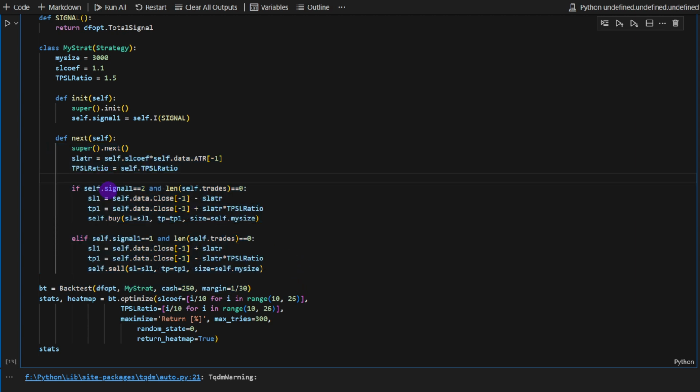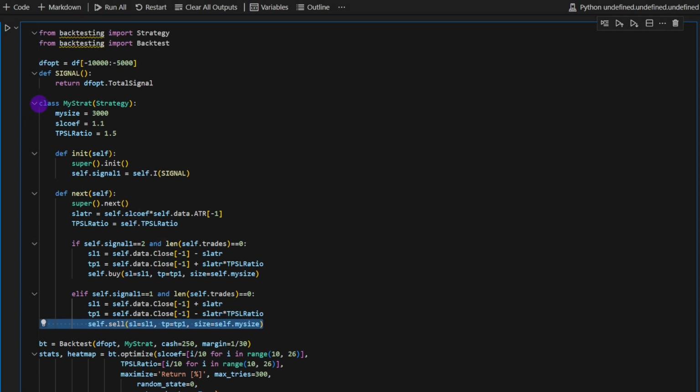So if the signal is bullish, equal to 2, and we don't have any open trades on the market, so the current number of trades is equal to 0, in this case, we pass a buying position with a stop loss value, a take profit value and some size. So this is the stop loss, this is the take profit, and we're going to talk about this in a while. And in the opposite case, if we have a bearish signal and we don't have any open trades on the market, we define our stop loss and take profit distances and we pass a selling position. So this is our class. This is all it takes.